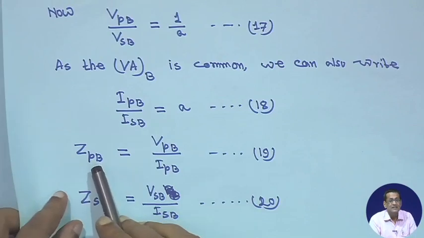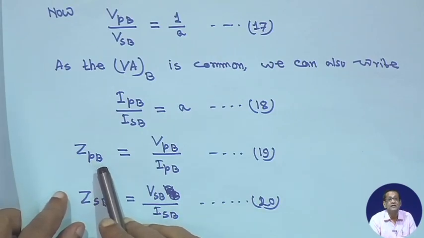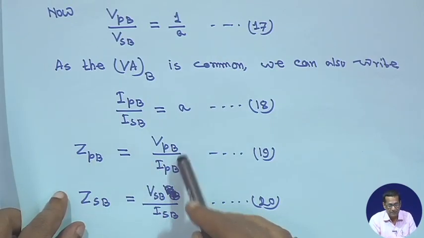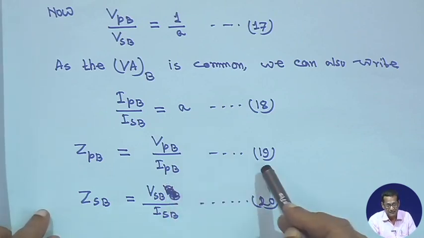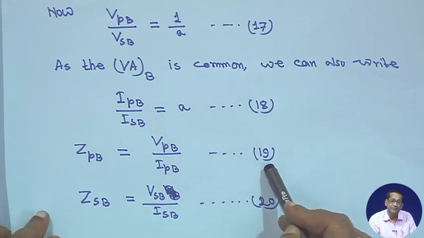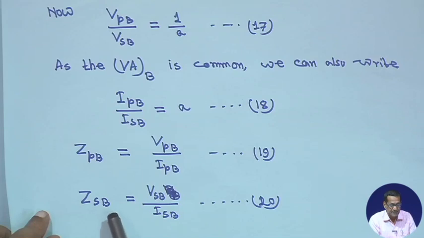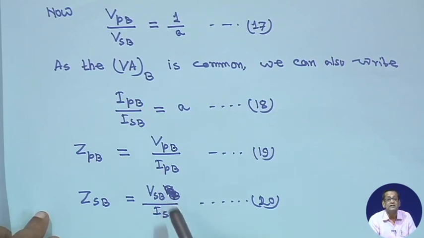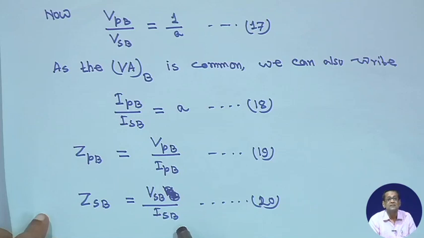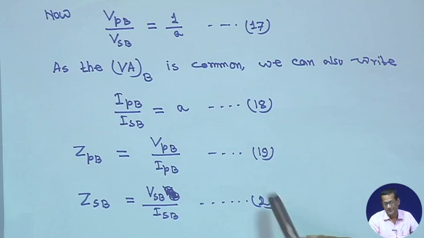Therefore, the primary side base impedance ZPB is equal to the primary side base voltage by the primary side base current. This is equation 19. Similarly, for the secondary side, the base impedance is VSB upon ISB, that is secondary side base voltage upon secondary side base current. This is equation 20.